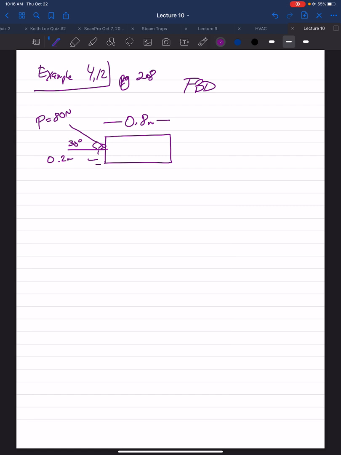The weight is the 20 kilogram mass times the 9.8 meters per second squared. Since this is a rectangle, it's applied at the centroid, the center of it.